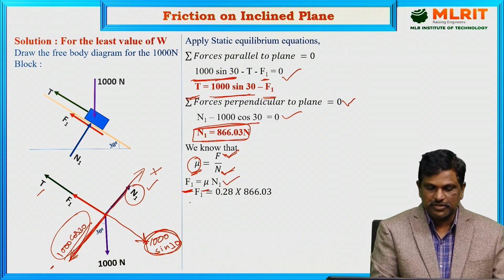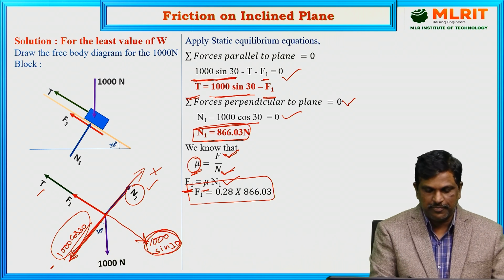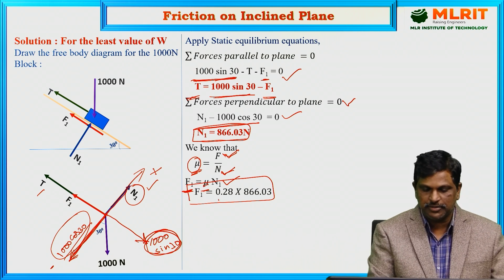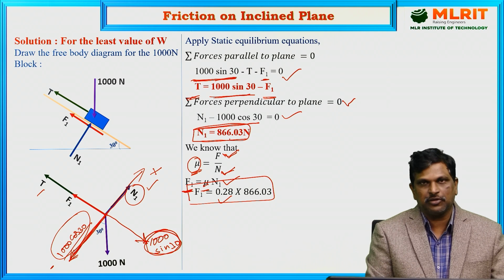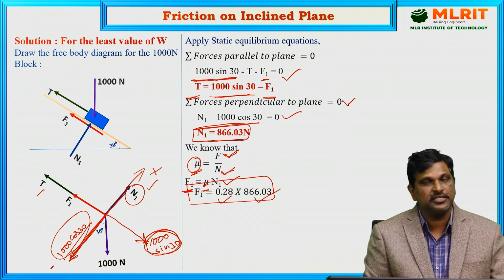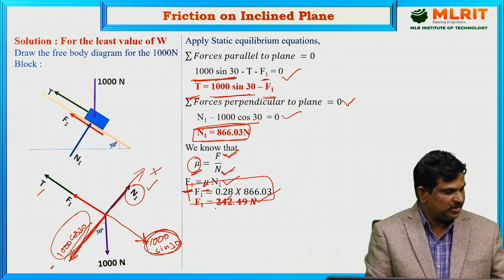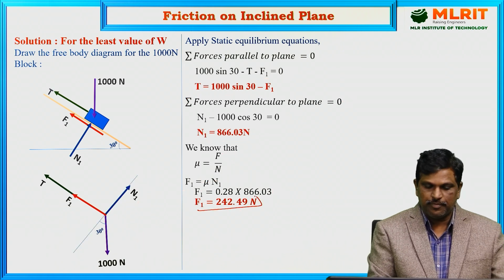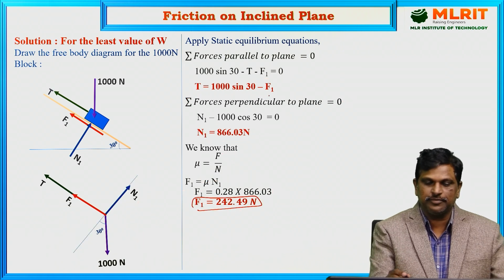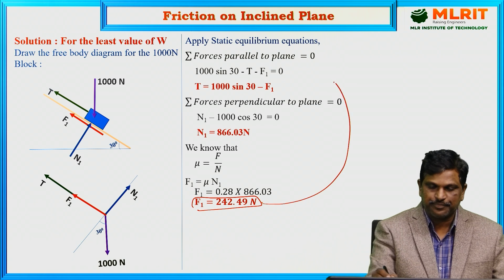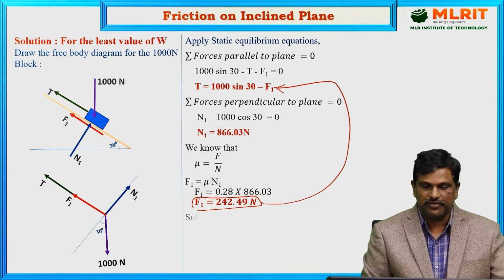So from this equation we can find the friction value. Friction is given by mu is 0.28, and N1, the normal reaction, is 866.03. Now substitute this F value back into the equation of T.